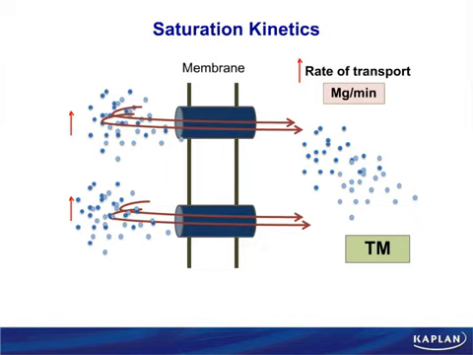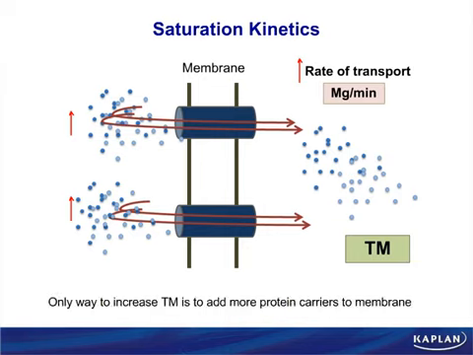And that's the concept of saturation kinetics. You can increase the transport maximum by increasing the number of functioning transporters. So transport maximum is directly proportional to the number of transporters. And that is transport maximum.